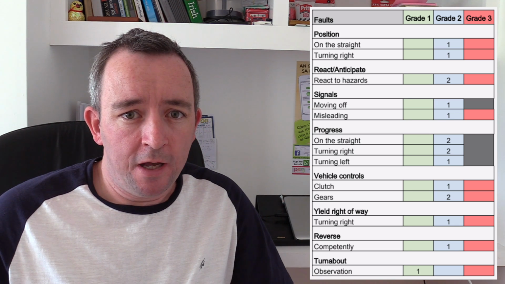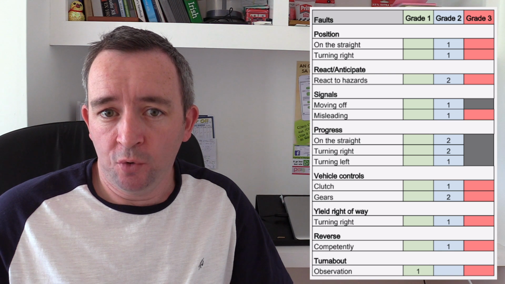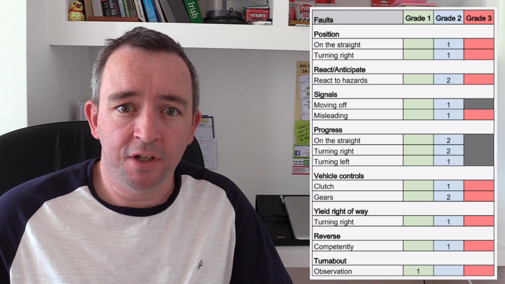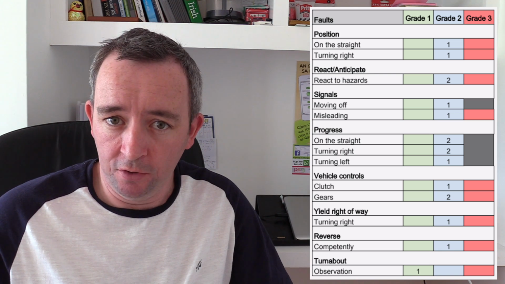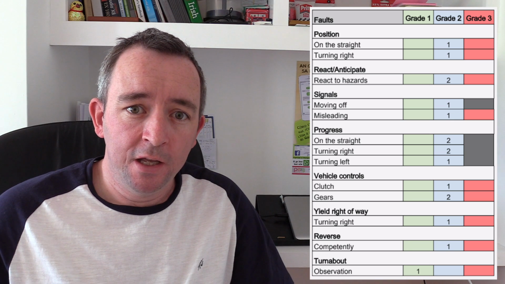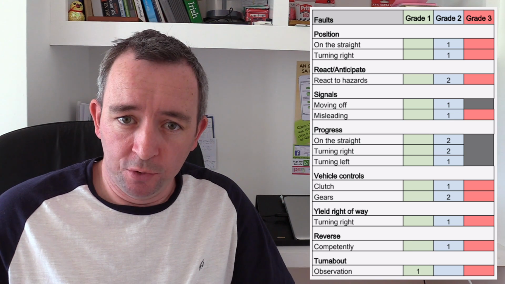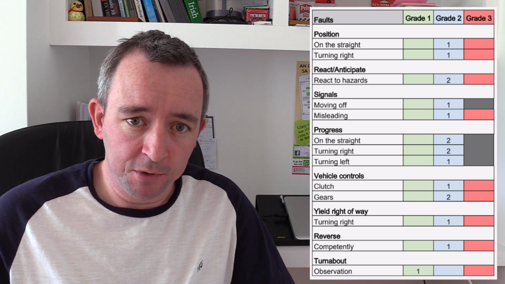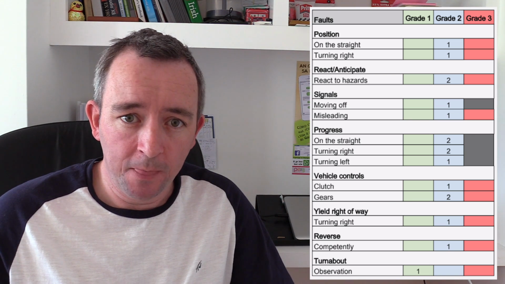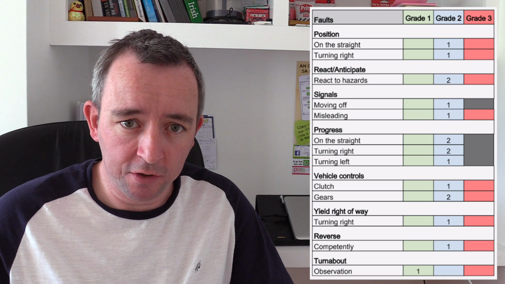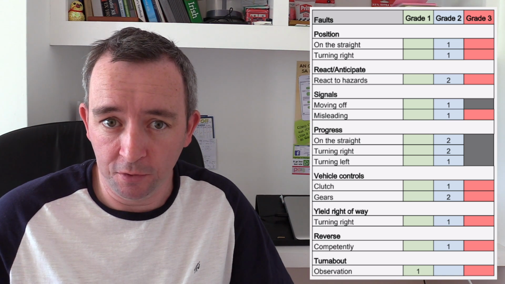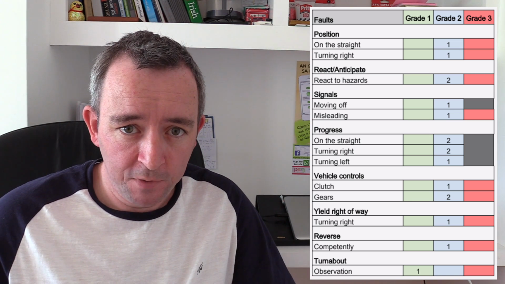Maybe the driver came off the clutch a little bit too quick. Perhaps that caused the car to jump or even to stall when moving off. So it could be a lot of things, but it's usually better just to be slower coming off the clutch, especially in the lower gears like first and second. Because if you're anyway quick or hasty, the car can jump and jerk, and it makes for an uncomfortable journey.